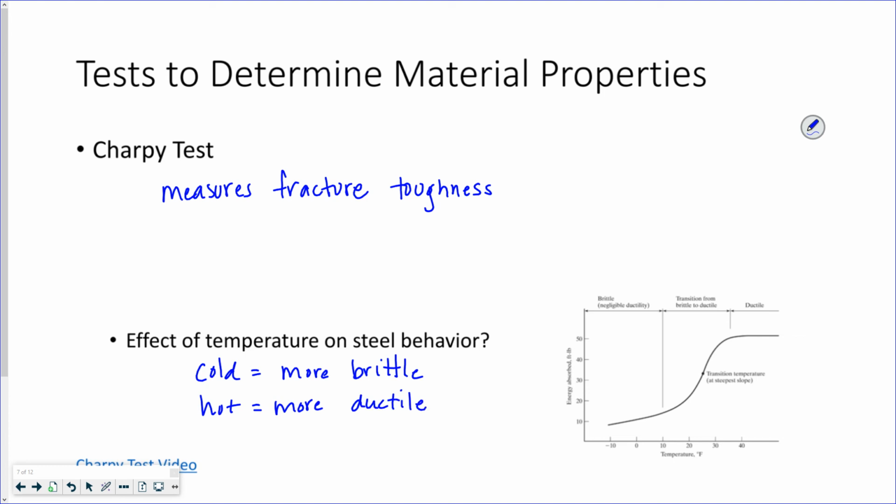You can kind of see right here, right? Cold, brittle, hot, ductile, and then there's a transition. And watch the Charpy test video to see this actually in action. If we were in class, I would be showing you these, so please go watch them. Thank you.